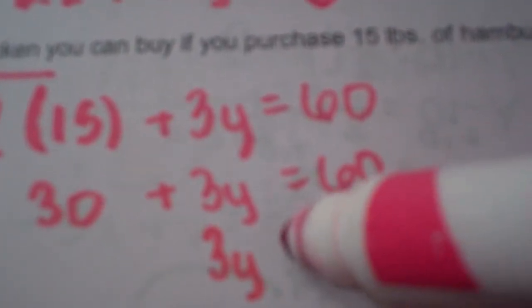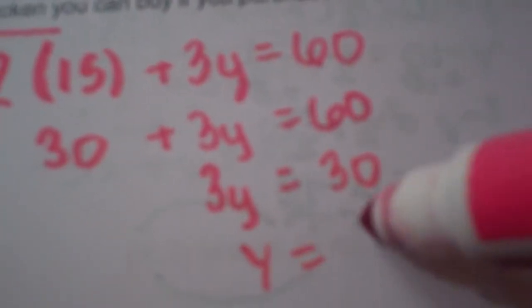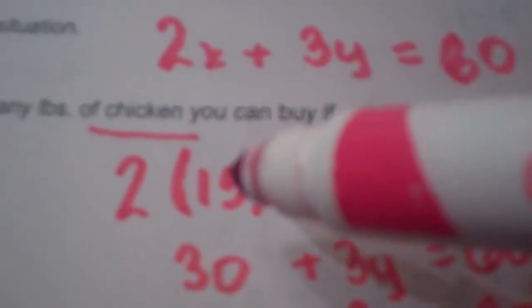Subtracting the 30 from each side, I got 3y equals 30, or y equals 10. That means I could buy 15 pounds of hamburger and 10 pounds of chicken. That sounds like a good party. Thanks.